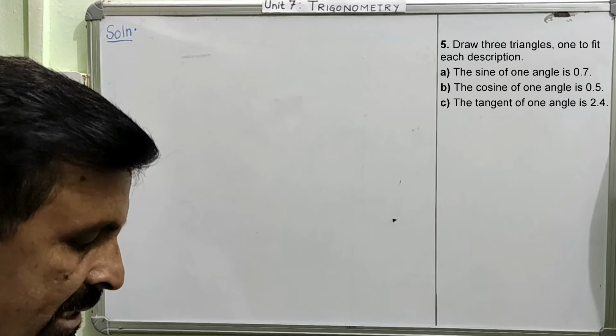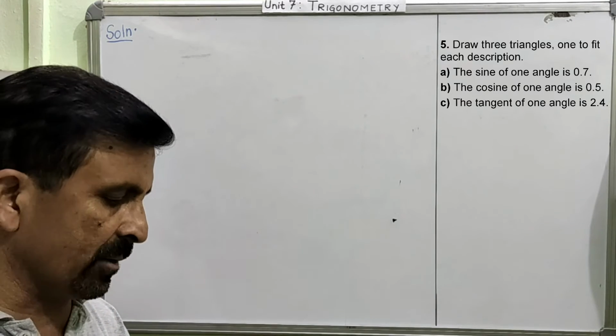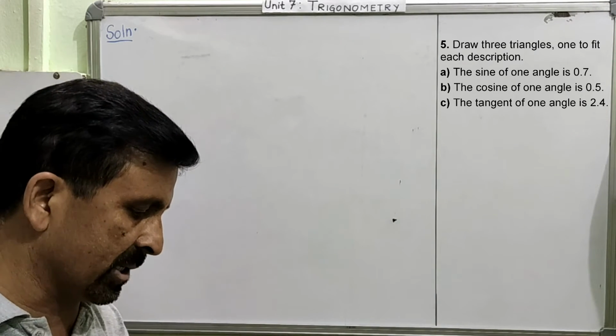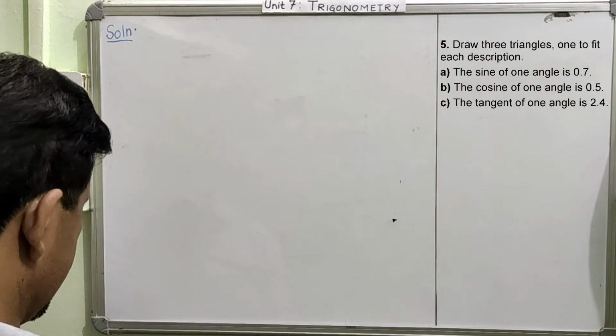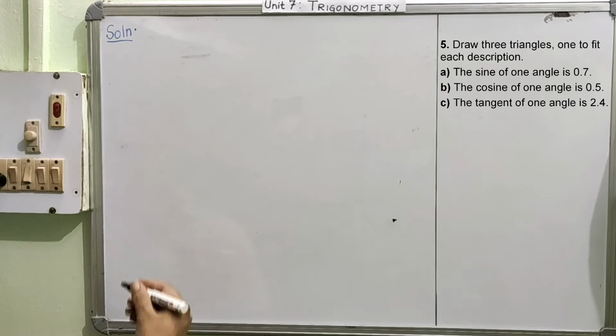They are asking us to just draw one triangle, but we can draw infinite triangles for the given situation. I am going to teach you just one question, question number 5a: the sine of an angle is 0.7.